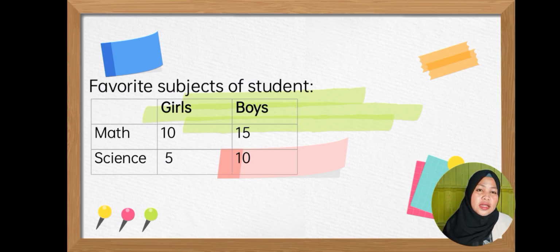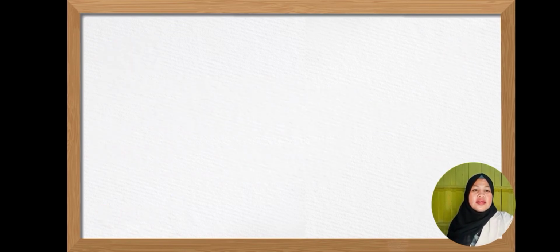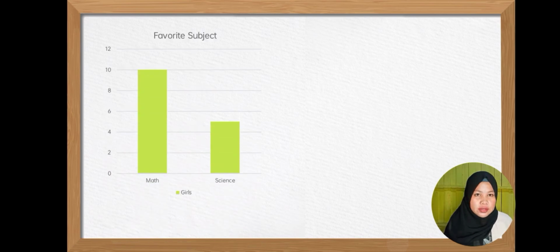Okay, let's take a look at this data. What did you observe? What else? Okay, very good. Let's make a bar graph from this given data. The first graph is for the girls, which I put in the key as yellow-green.